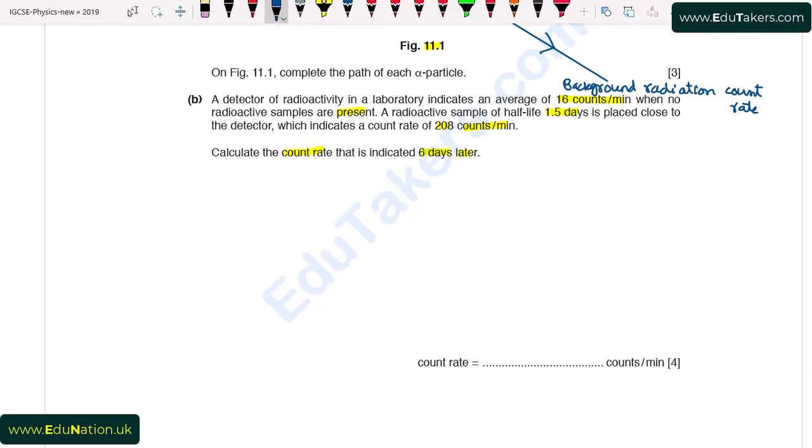So first of all, the total count rate will be the sum of the background radiation count rate plus the count rate from the sample. I write here total count rate will be equal to background radiation count rate plus the count rate of the sample.